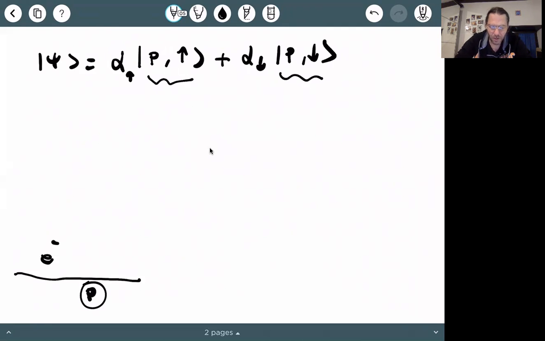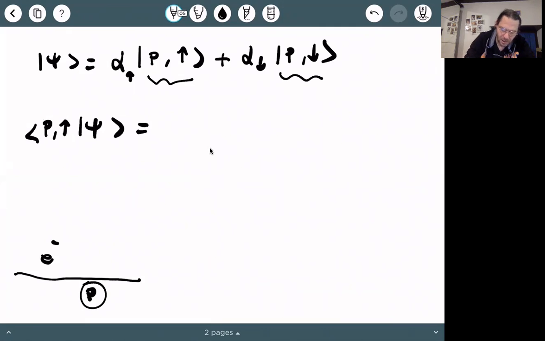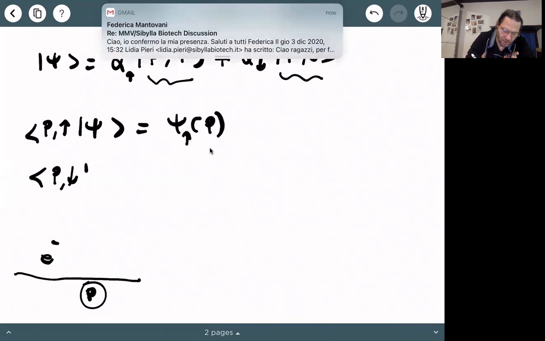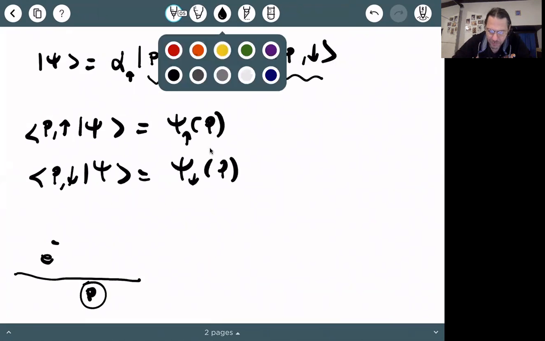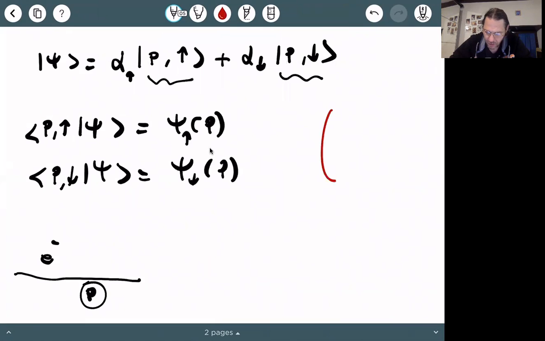And these two components are normally called the spinors, which means that when you project the state of a system into momentum space, you get a wave function of P. And when you project on a different state, you get a different wave function. And so if you combine these two objects into a vector, you call this a two-dimensional spinor.